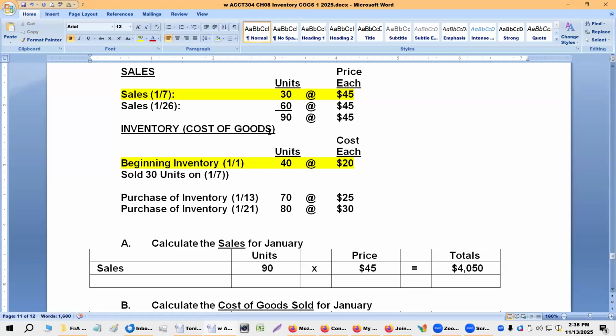That is what we're going to use for our cost of goods sold.